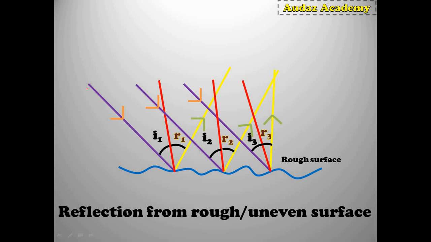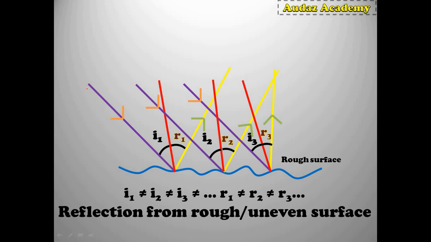Similarly, the angle of reflection of the first ray may not be equal to the angle of reflection of the second ray, or of the third ray, and so on. So here, I1 is not equal to I2, not equal to I3, not equal to R1, R2, R3.